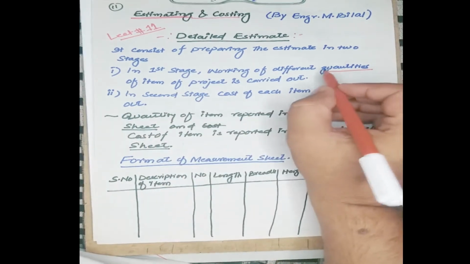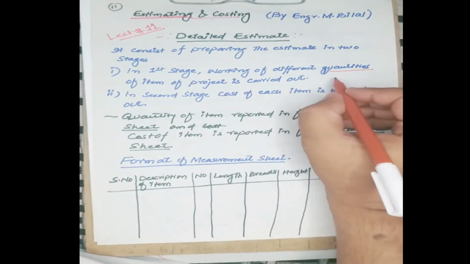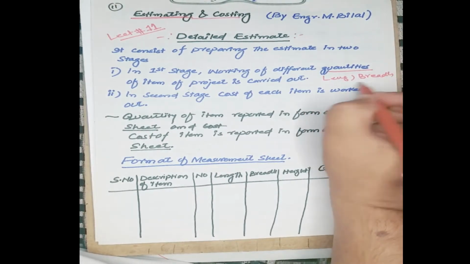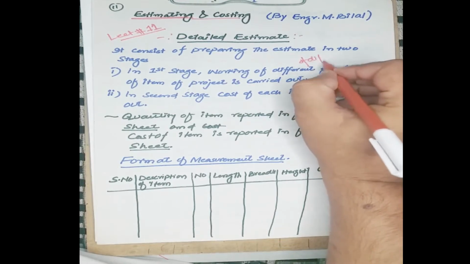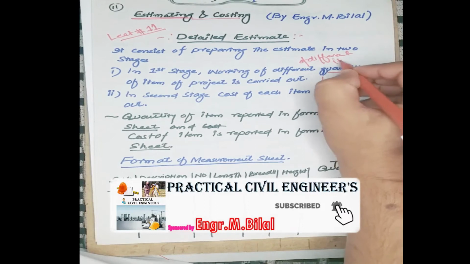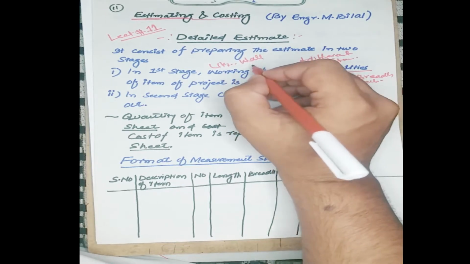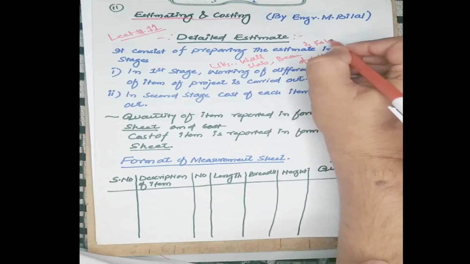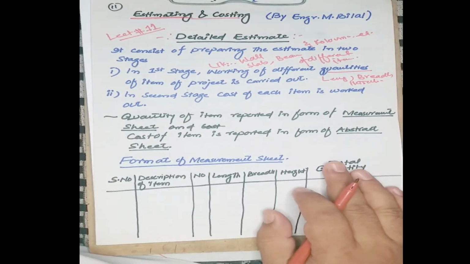quantities, meaning measurements of the different items of the project are carried out, meaning the length, breadth and thickness of different items like wall, slab, beam and columns, etc. Doors, windows, electric line, sewer line length, tiles.